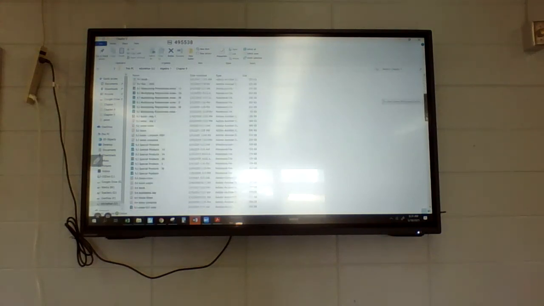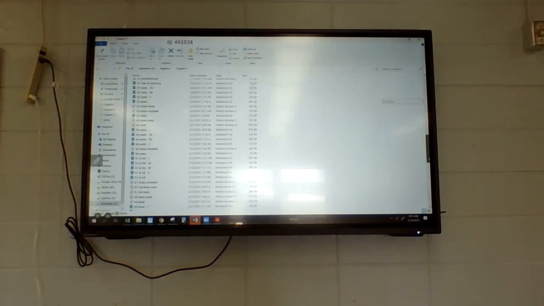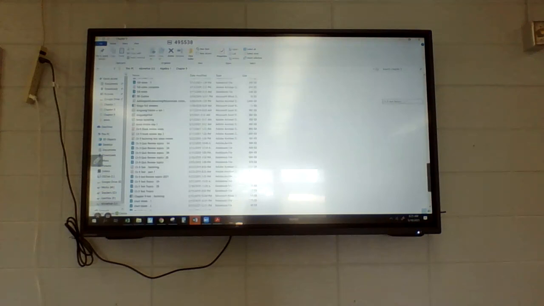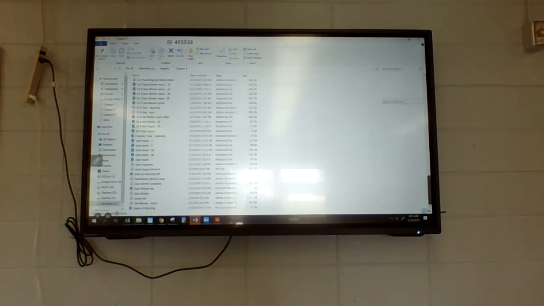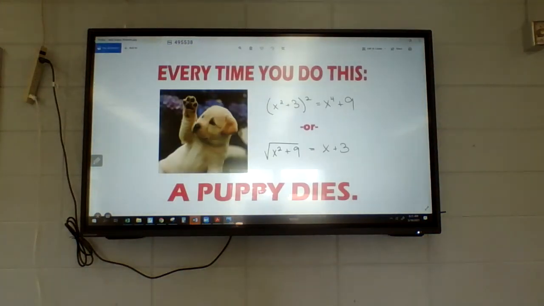I know it's in here. Holy, how many files do you need? This is for pretty much 4 classes. Every time I do a lesson, I save it just in case someone needs to see the final version.